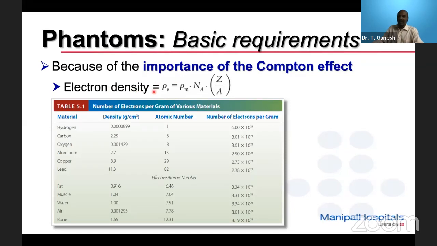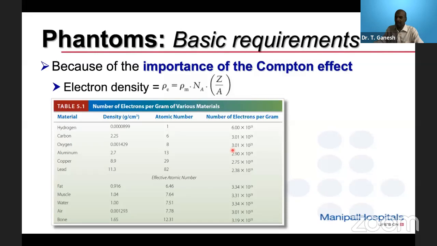The reason is that the Compton effect is dependent on the electron density, and the Compton effect is the most predominant effect at the energies that we use in radiation oncology. So the electron density should match exactly that of the tissue. Here you can see the electron densities for different materials.